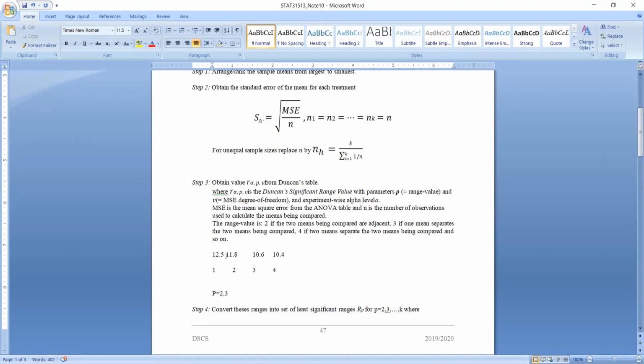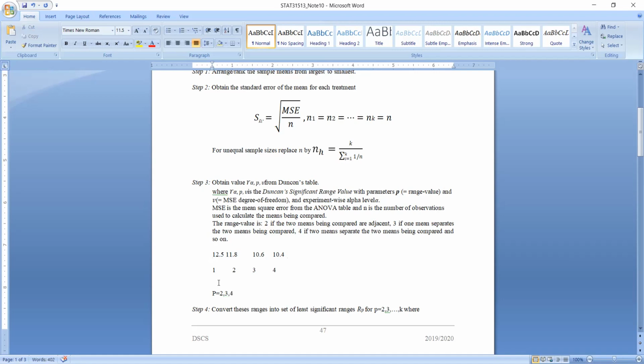If the gap is equal to 2, for example if you compare 12.5 and 10.4, you have two values in between, right? Then the next possible option would be P equal to 4.